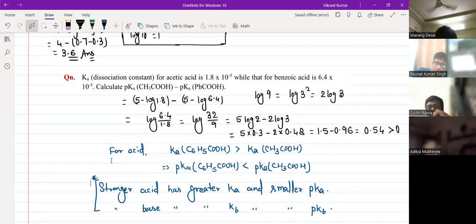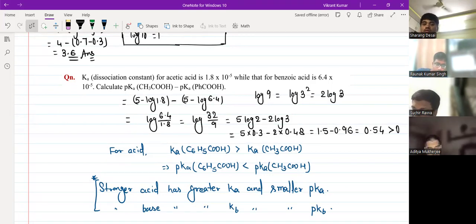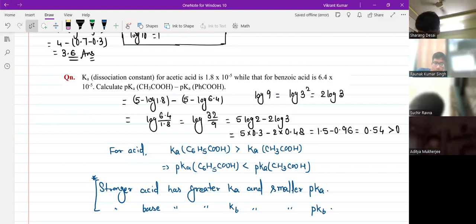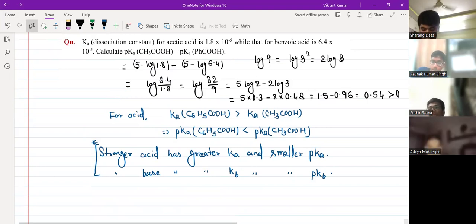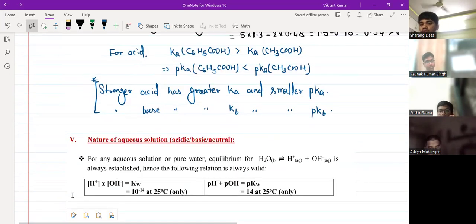Now one more section I'll cover. That is, if I'm given some information about the concentration of H plus or OH minus, or pH or pOH, then how to identify whether the solution is acidic, basic or neutral. So we'll be talking about the nature of aqueous solution. Whenever we are talking about the nature of aqueous solution, what is always valid is H plus into OH minus is Kw, and that's why pH plus pOH will be pKw.